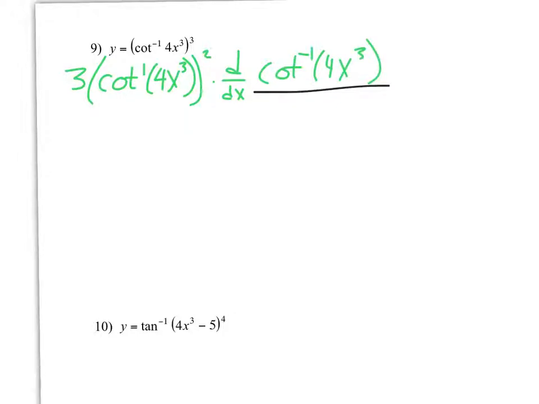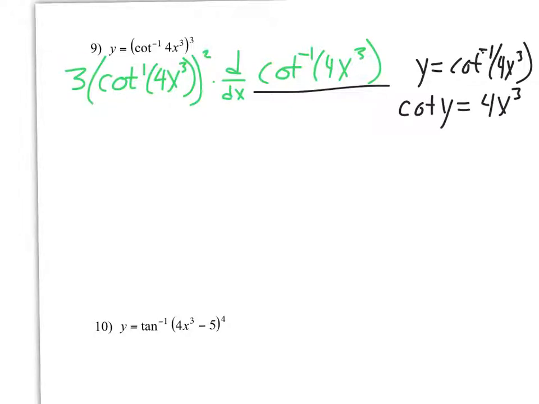For this part, we're going to use the same method we used on the previous problems. We're going to start with y is equal to cotangent inverse of 4x to the 3rd, and that's going to then change to cotangent of y is equal to 4x to the 3rd.